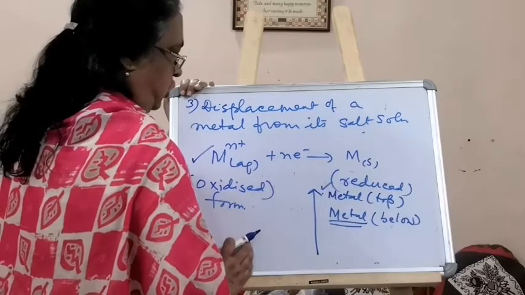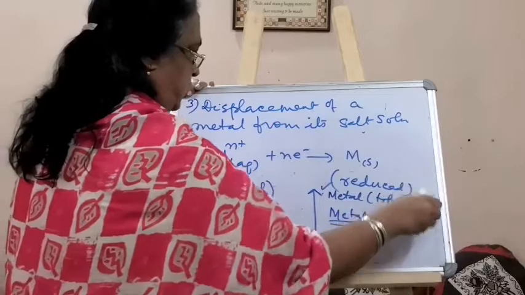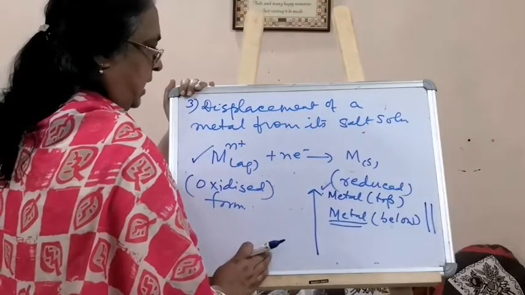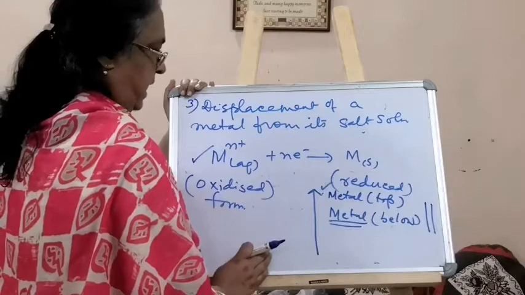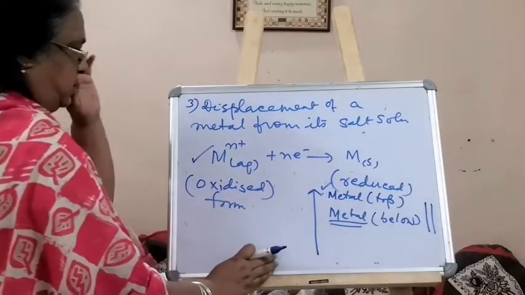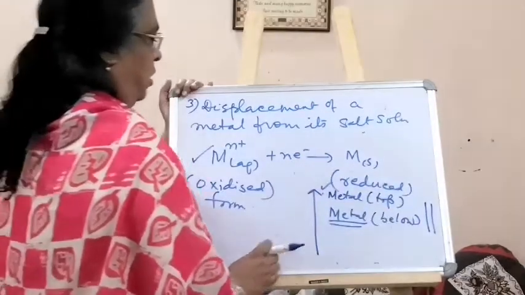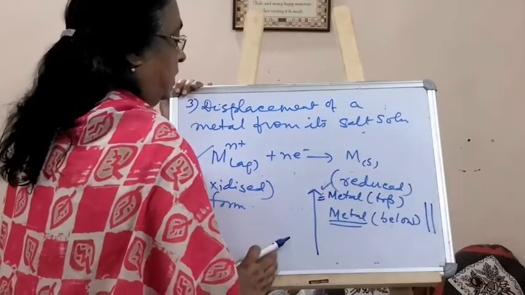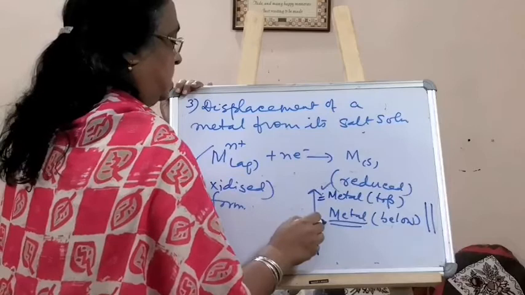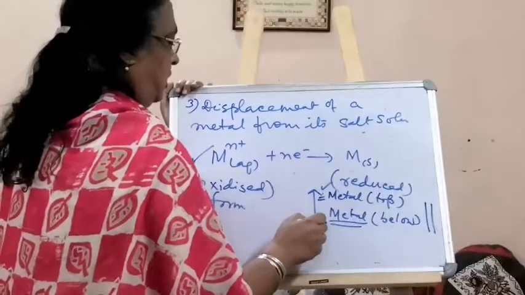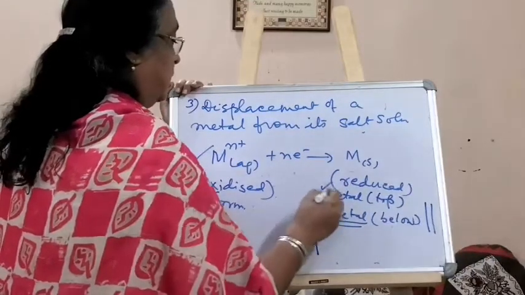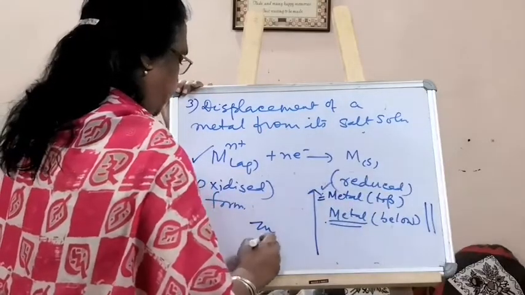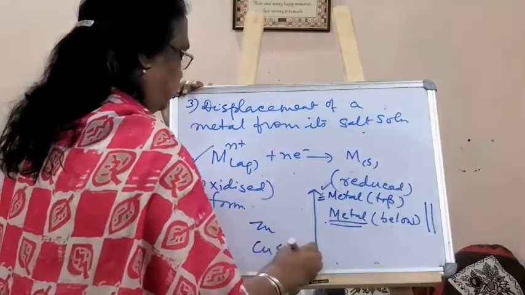Therefore, what you have to remember is, if the reduction potentials of two metals are given and it is asked which metal will displace the other, you can find out. The one which has the lesser reduction potential will displace the metal from its salt. For example, you have zinc metal and copper sulfate solution.